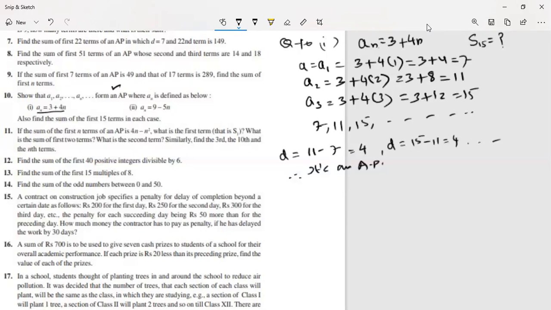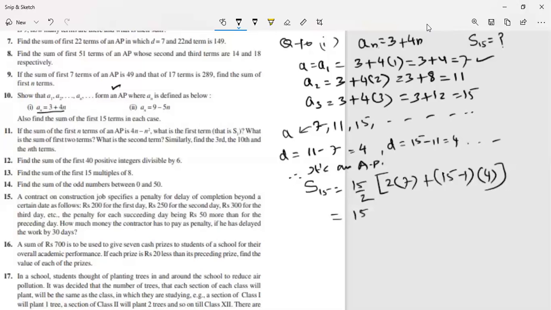So a is 7, d is 4. The sum of 15 terms we can find out now. S15 is equal to 15 by 2, 2 into a, a is 7. The first term here is 7, you can see here. 2 into 7 plus number of terms 15 minus 1 into common difference 4.